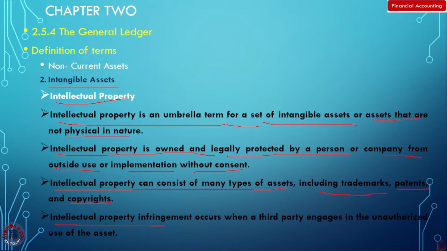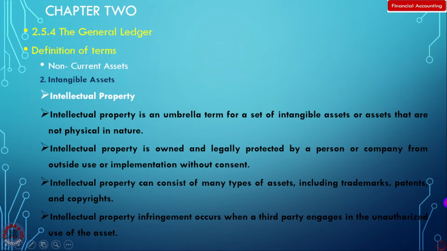Intellectual property infringement occurs when a third party engages in unauthorized use of the asset. So when somebody uses that intellectual property, that intangible asset, without your authority, we call it an infringement of the intellectual property. So let's move on.